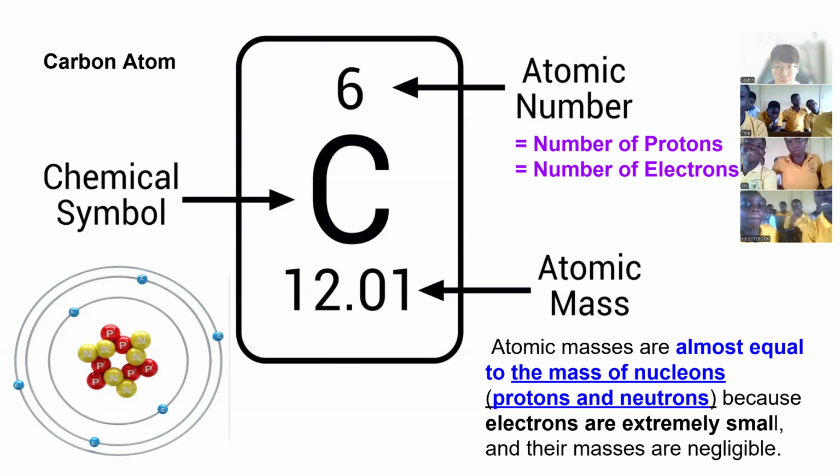But most of the time, the masses of electrons are negligible. You don't have to count them because they're so small. On the left here is the diagram of the structure of a carbon atom. You can see 6 protons, 6 neutrons, and 6 electrons orbiting around.